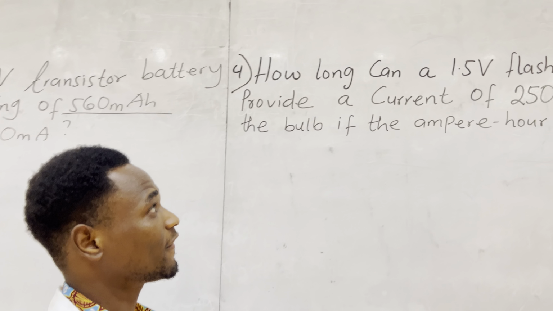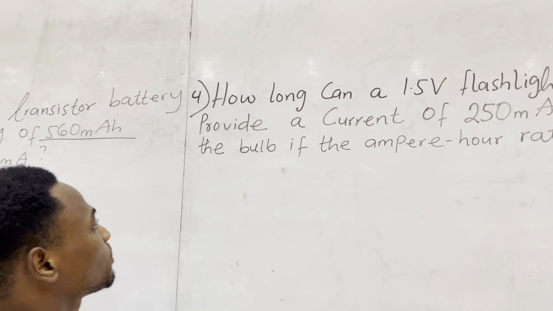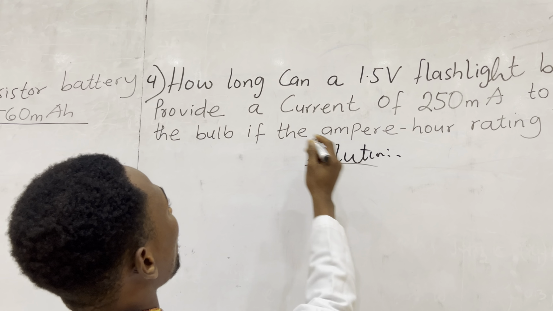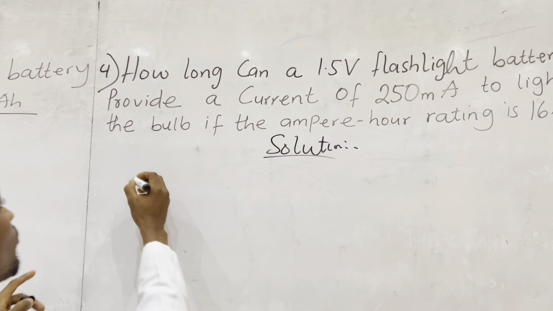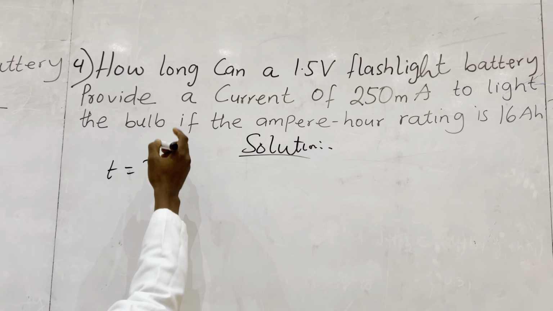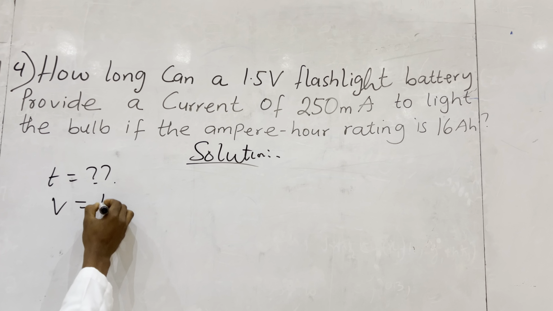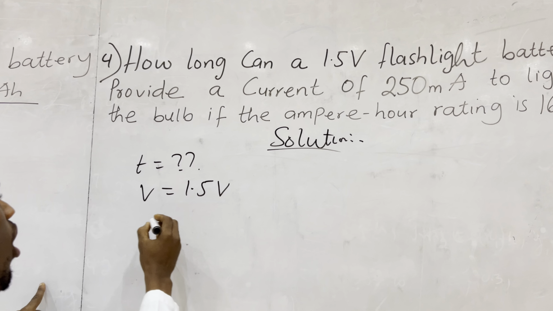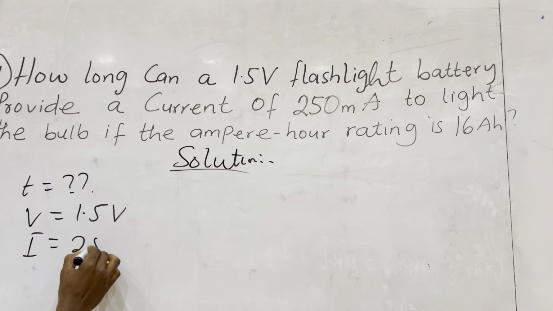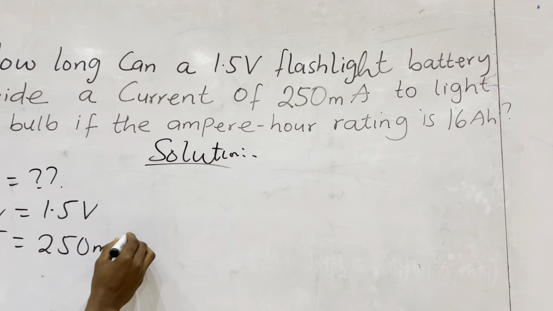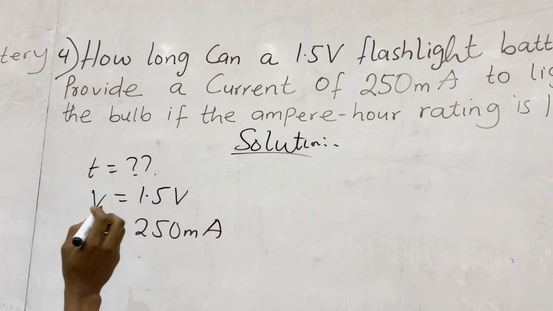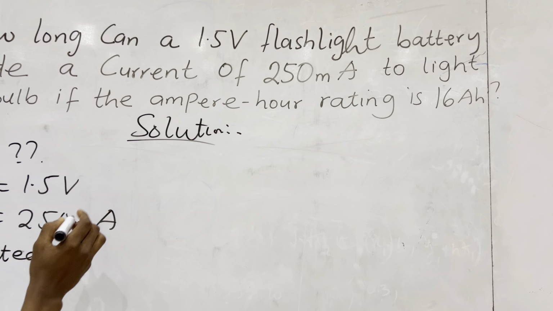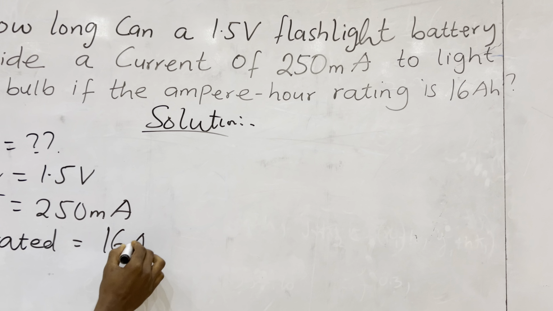Lastly, let's see how we can solve for this. Solution: how long, again we are talking about time. How long can a 1.5 volt flashlight battery provide a current of 250 milliampere to light the bulb if the ampere hour rating is 16 ampere hour?